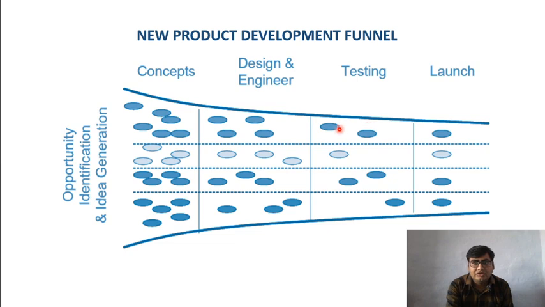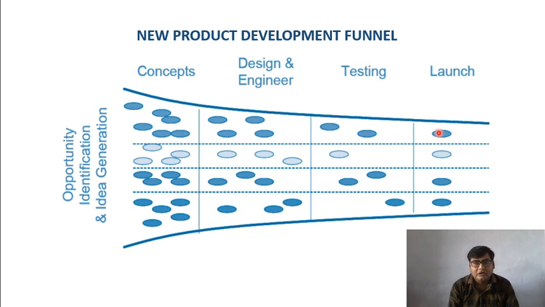We'll test very few products, but the concepts can be large in number. There will be many ideas in the initial stage, and we screen them and refine them and finally launch a single product in the market. This is the new product development funnel.